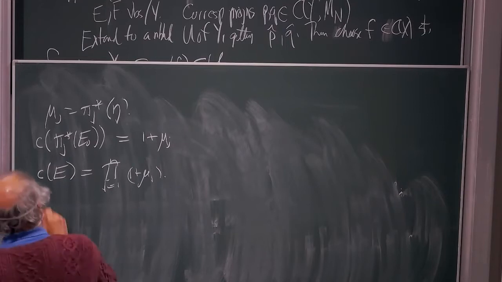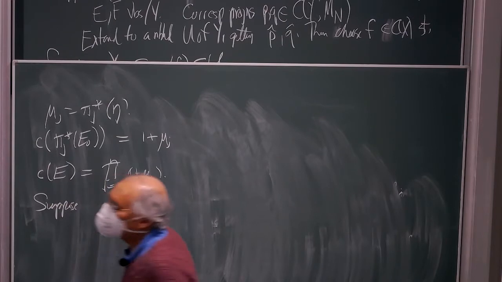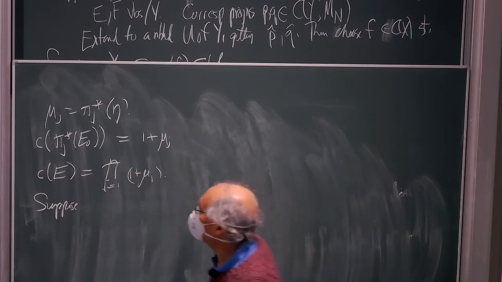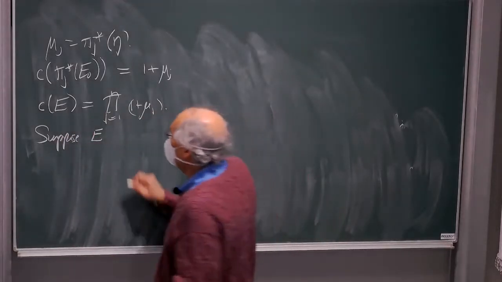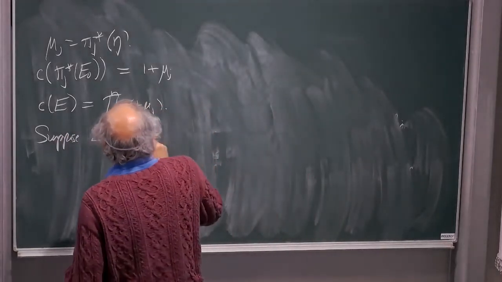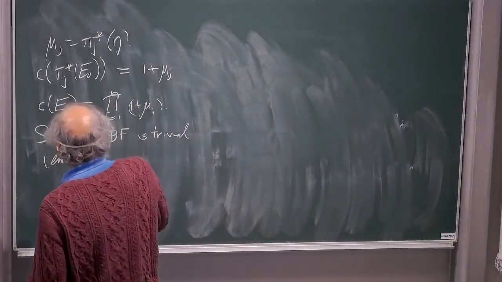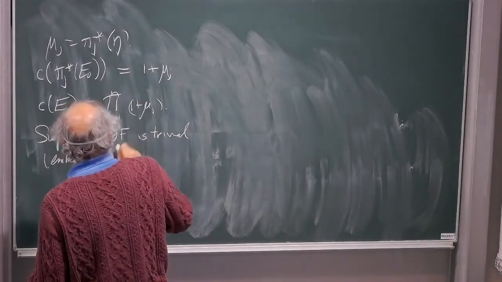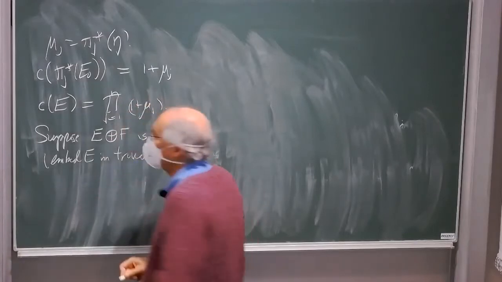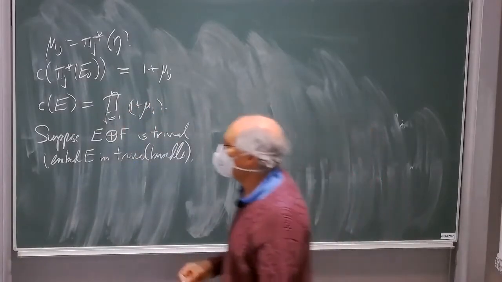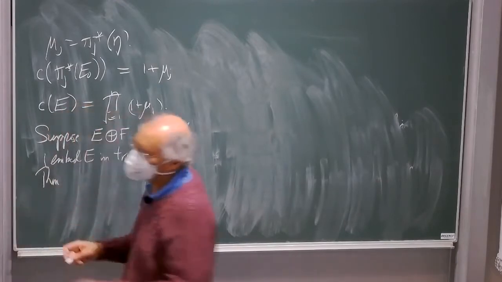And now suppose that I want to embed E in a trivial bundle. So then the trivial bundle has total Chern class 1.